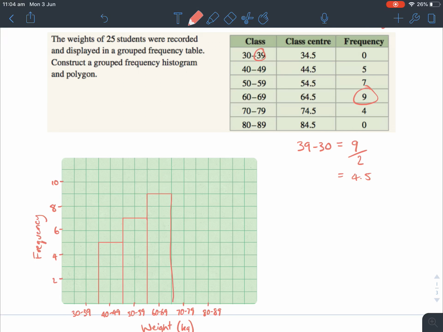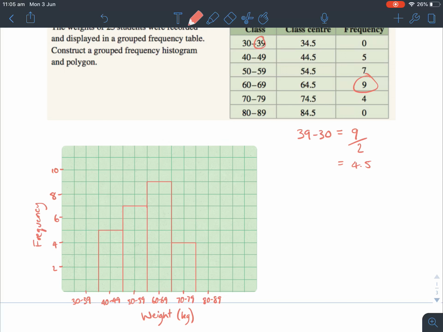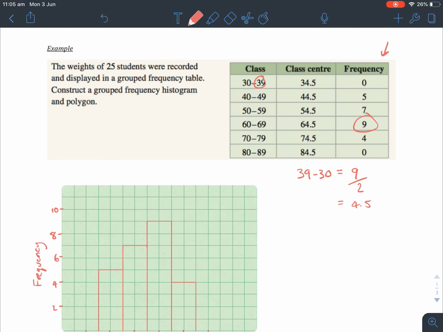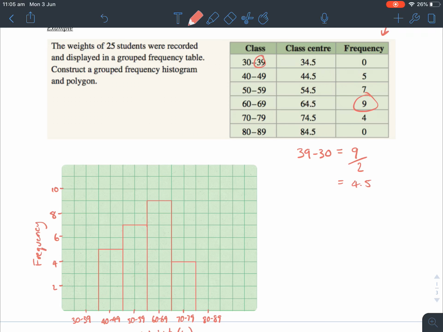And there were 4 students in the next class. And no students in the last class. So with our histogram, we've got our axes labelled. We also need a title. Weights of students should be sufficient. That's all the information we've been given.